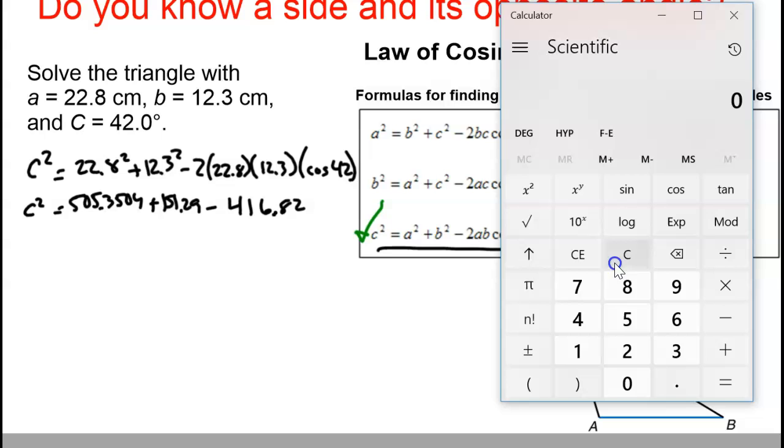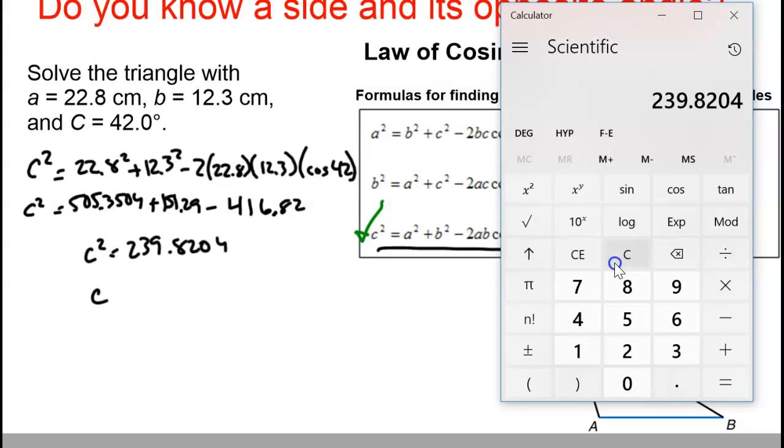Okay, so let's figure this out. Now we have 505.3504 plus 151.29 minus 416.82, and we get C squared is 239.8204.